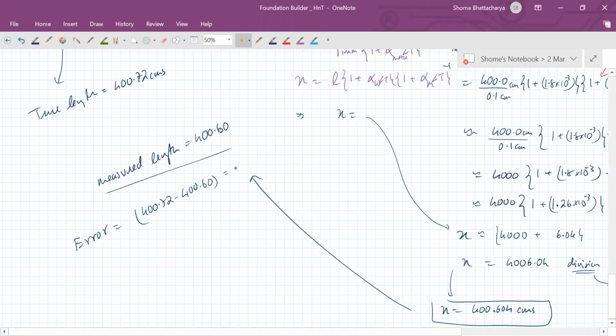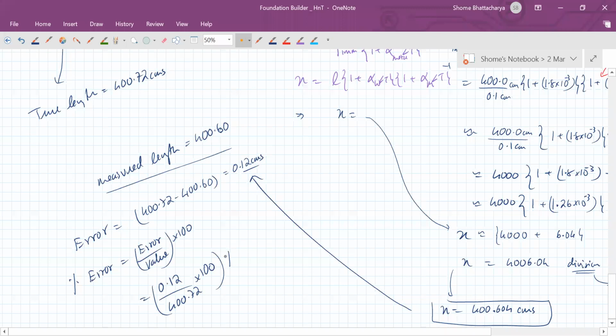So the error is 0.12 centimeters. So the percentage error is the error divided by the value, converted into a percentage. So we can say that is approximately 0.03%.